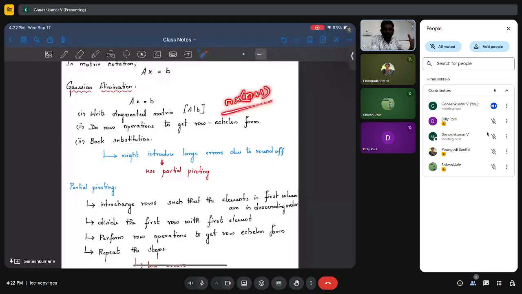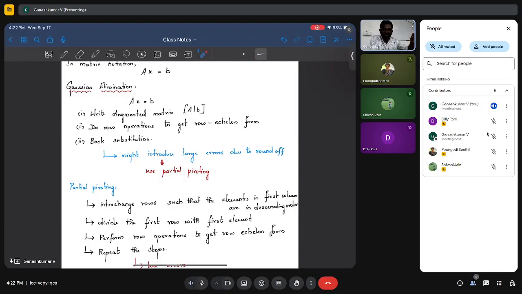So it is no more a square matrix, it's a rectangular matrix. Then we do row operations to get a row echelon form, where everything below the main diagonal becomes 0.